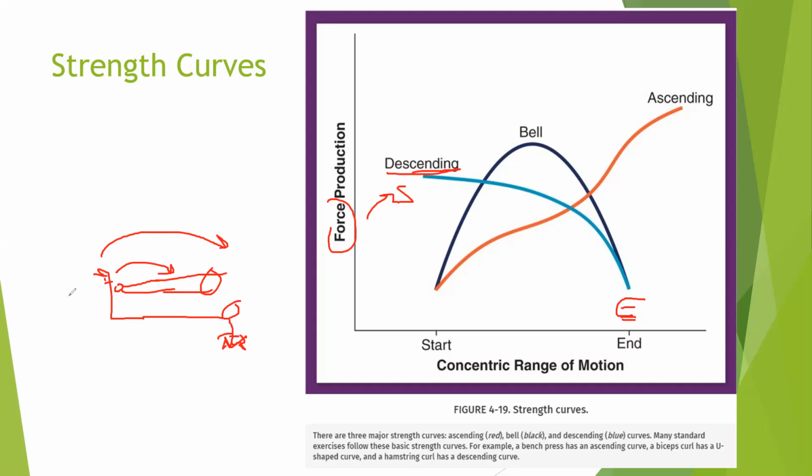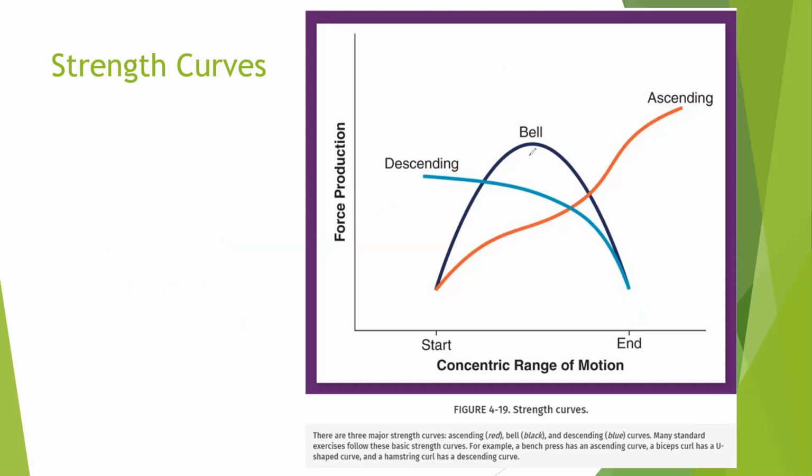When I'm doing something like the hamstring curl, I have to use the most amount of force to get the weight initially up off of its resting place. After you initially get the weight up, it gets easier progressively to do that.